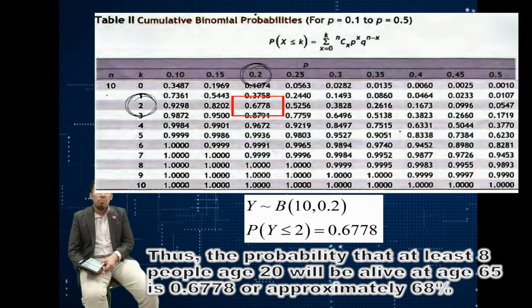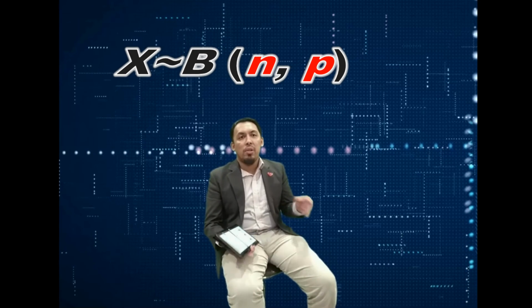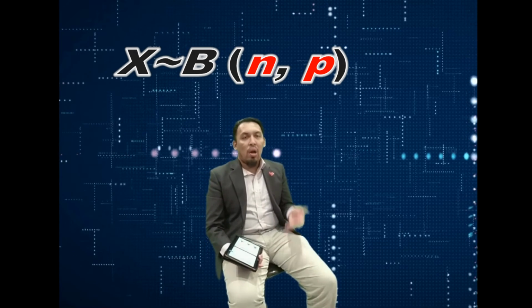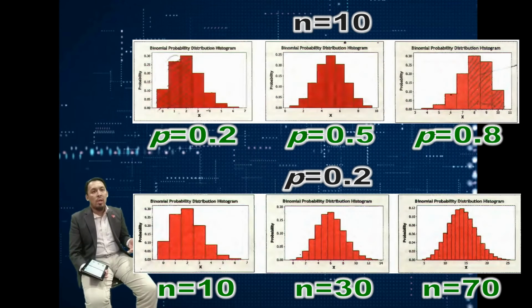Now let us discuss a bit on the effect of n and p, which are the important inputs for our binomial. What is the effect of the size of n and the size of p toward the shape of the binomial probability distribution? This is to show you how important those inputs are.